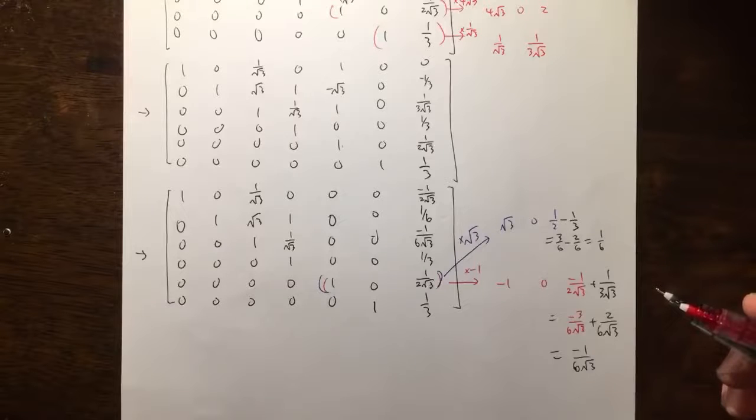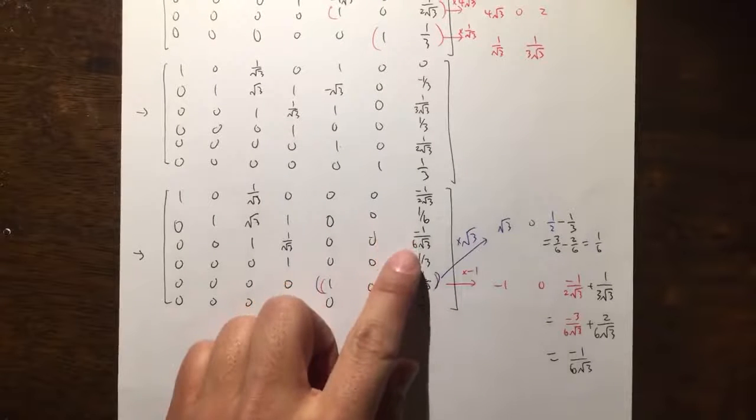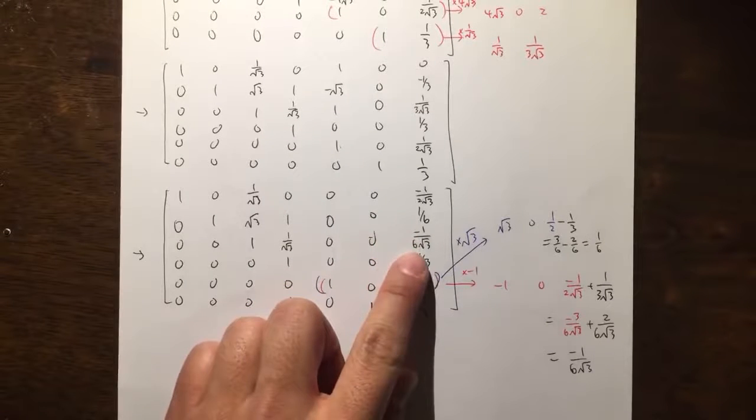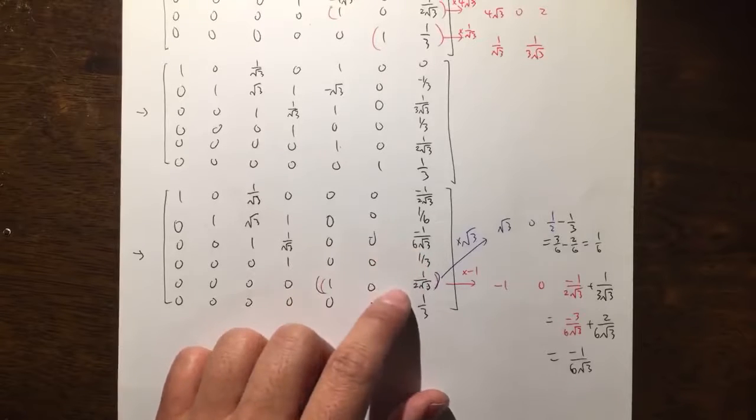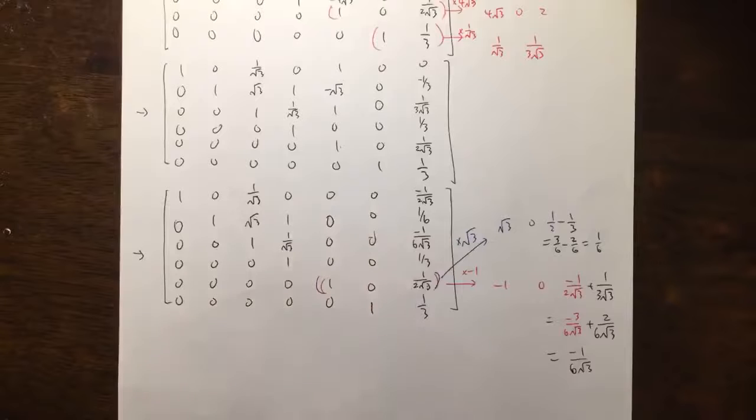Move on, okay. It's 1, not square root of 3. Which entry? I think all these are okay. 1, 3. What's 1, 3?